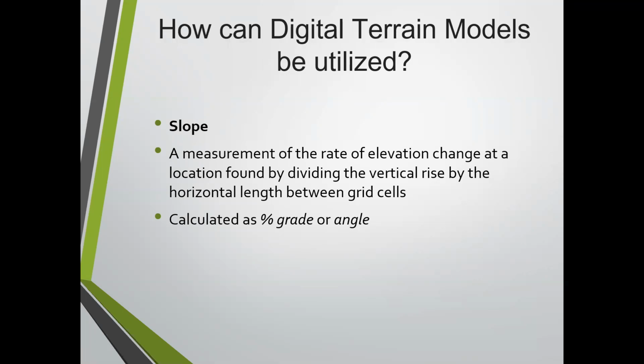So you can go in and generate a picture that aggregates all your triangles into slope, and you can color code that based on the range that you want. So very, very useful tool.